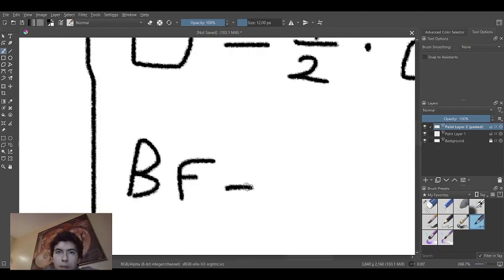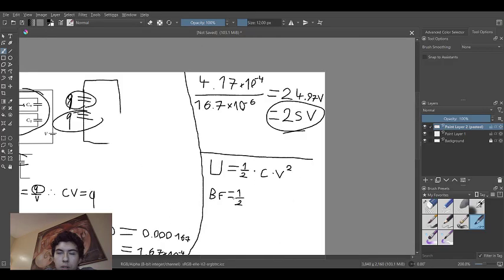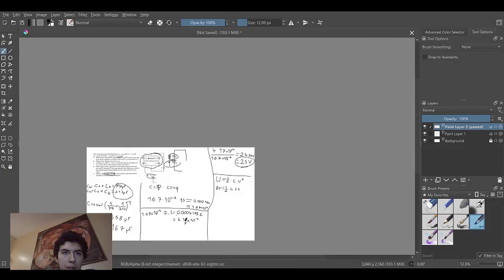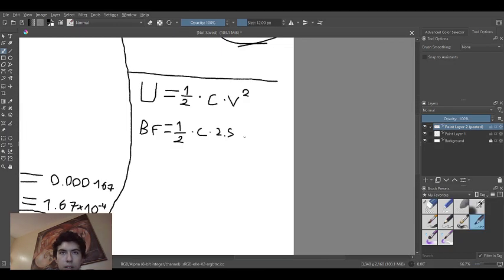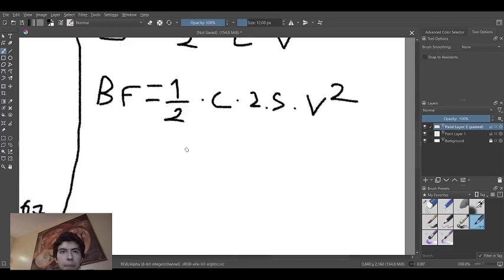Before, it will be equal to 1 over 2 times the capacitance times 2.5, because we have our dielectric worth 2.5, times the voltage squared.